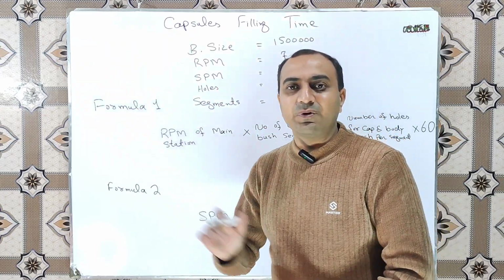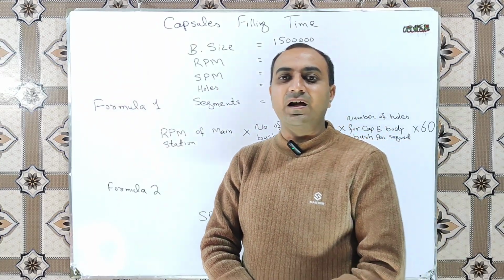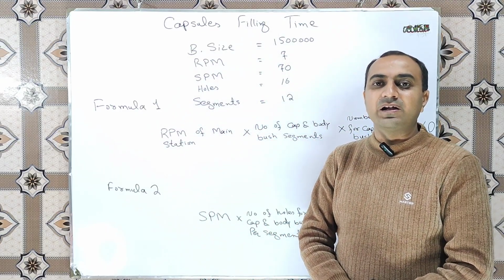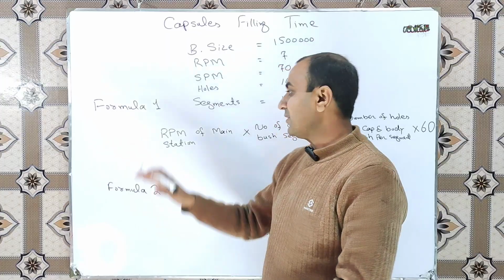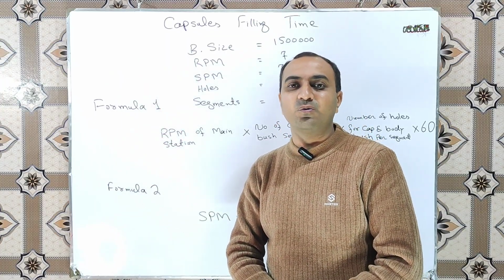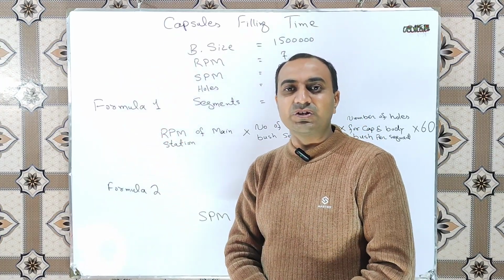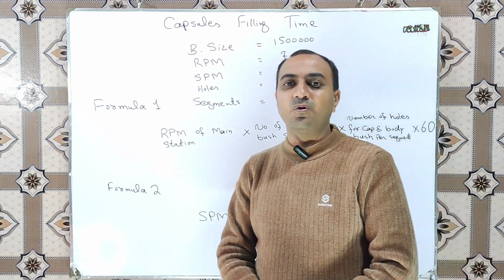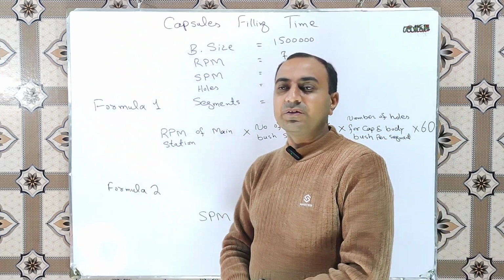parameters? In our previous video, we learned in detail how we can calculate the capacity of our capsule filling machine. We learned that we can calculate the capacity by using two formulas. If you want to learn the capacity calculation in detail, the link of the video is given in the description. Here we will only briefly review the formulas.